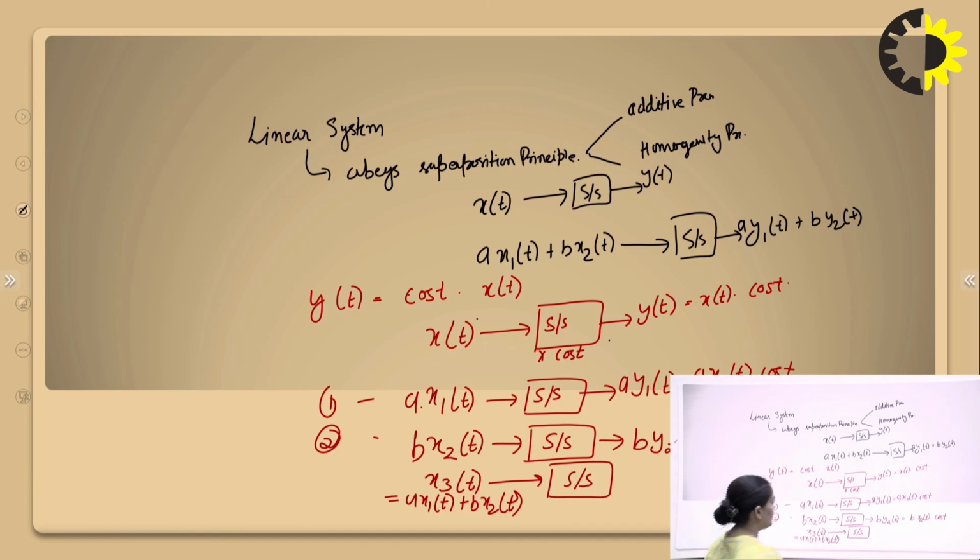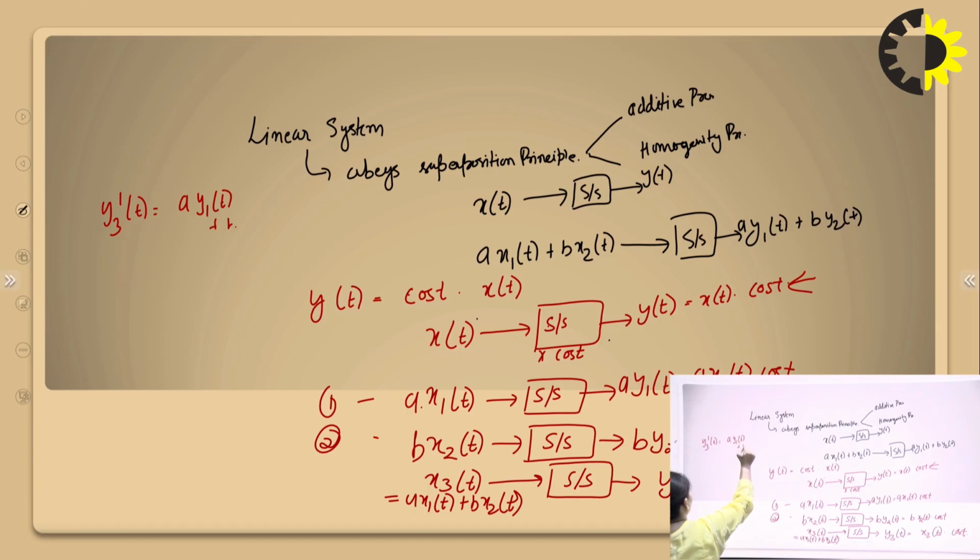We give it to the system and get some y3(t), which is x3(t) into cos t. Now suppose we have y3 dash t, which equals the combination of y1(t) and y2(t), that is a of y1(t) plus b of y2(t).